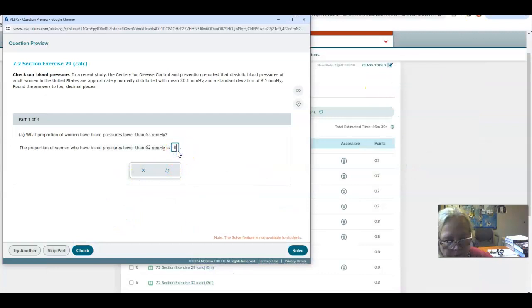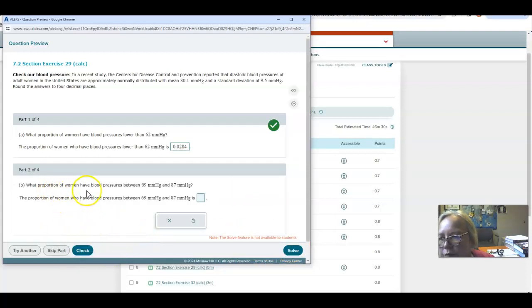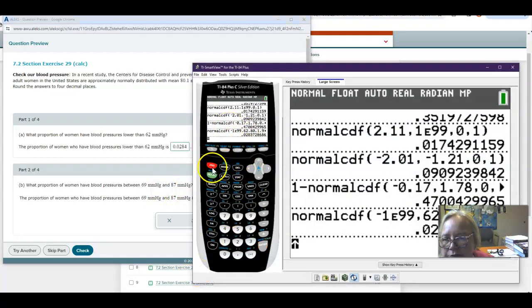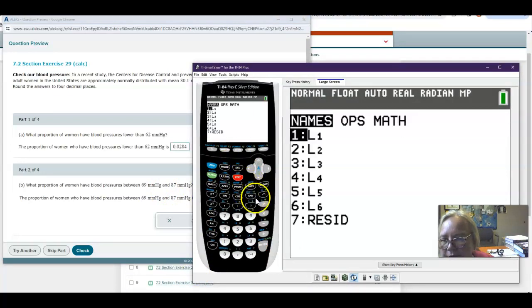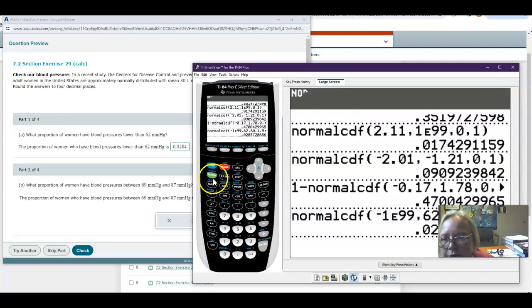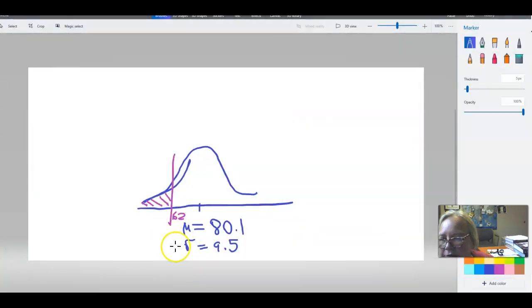So let's go ahead and enter this result and check. What proportion of women have blood pressure between 69 and 87? It's easy because you use the same command. It will be the area on the normal curve between 69 and 87.